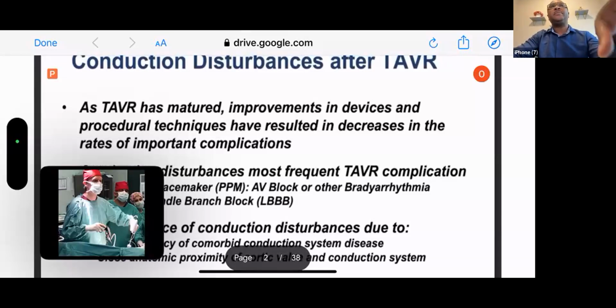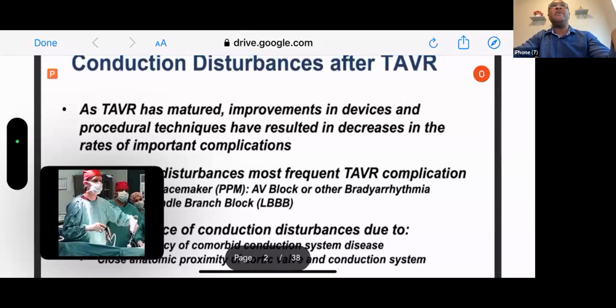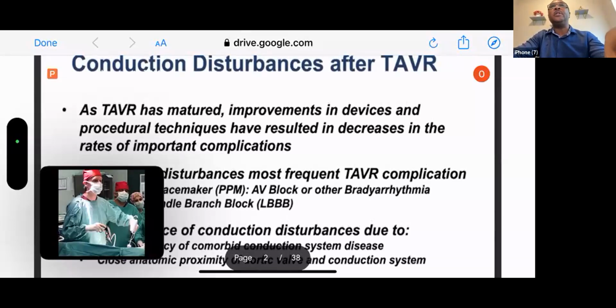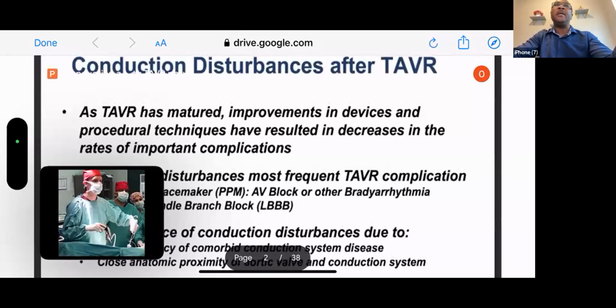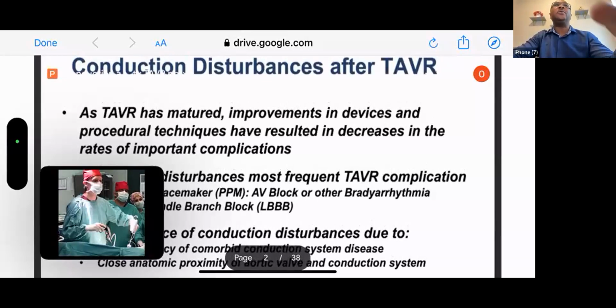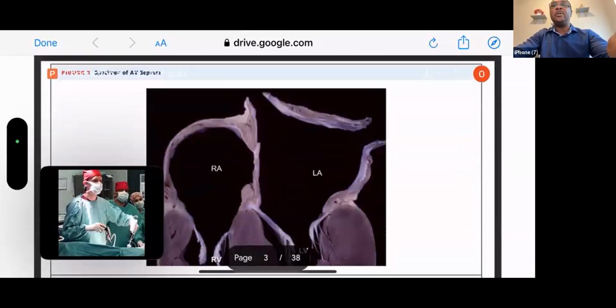The reason for this high incidence, apart from the close proximity of the conduction system and the aortic valve, is that many patients with severe symptomatic aortic stenosis already have problems with the conduction system, because the calcification we see in the aortic valve can also affect the conduction system. So majority of them come with a comorbid conduction abnormality prior to the procedure, and even when we do the procedure, they may develop some conduction abnormality.